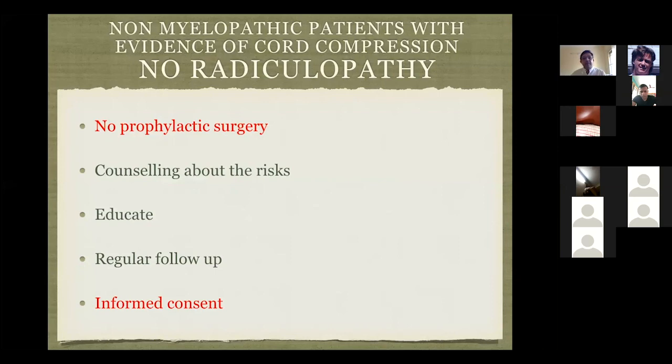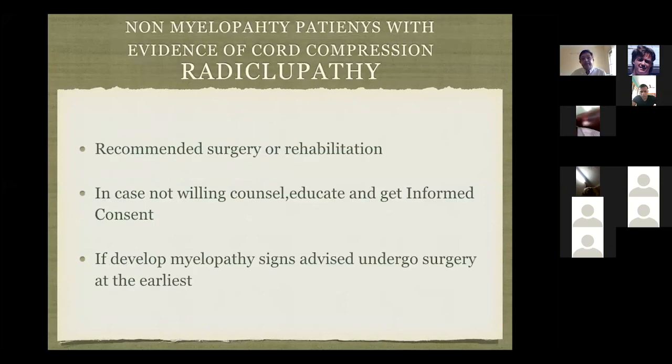You get an informed consent, tell them that they may go in for neurological deficit if they have a trivial injury. But if the patient develops a radiculopathy, advise them to go in for surgery at the earliest. That's all. So this guideline was formed by our World Federation WFNS Spine Committee last year, and it is now being recommended all over the world.